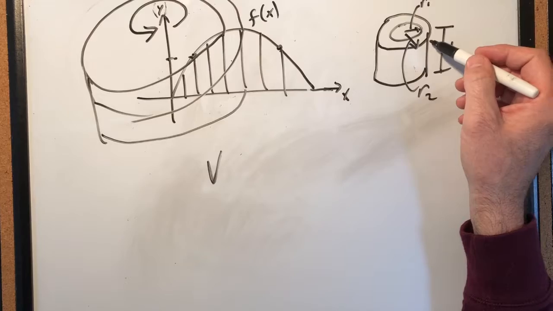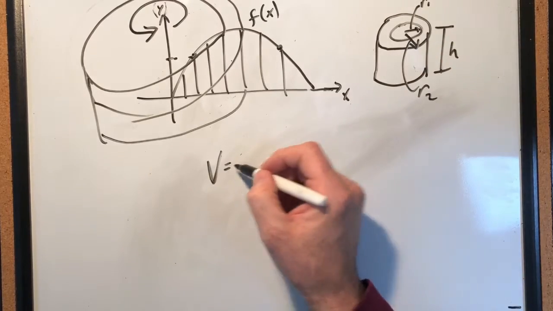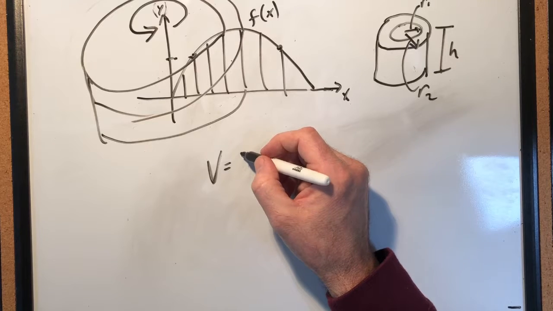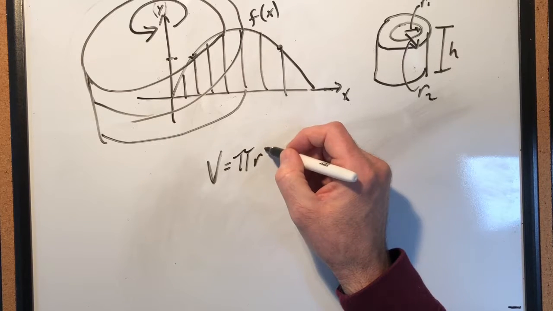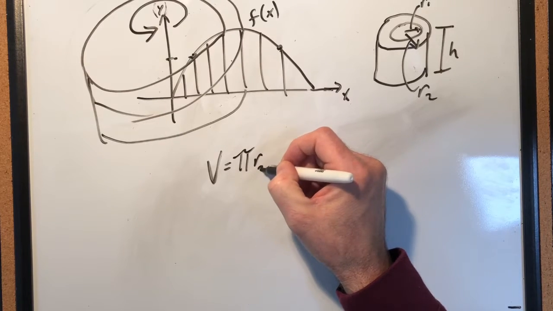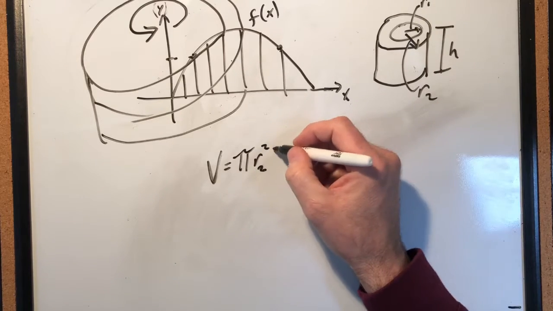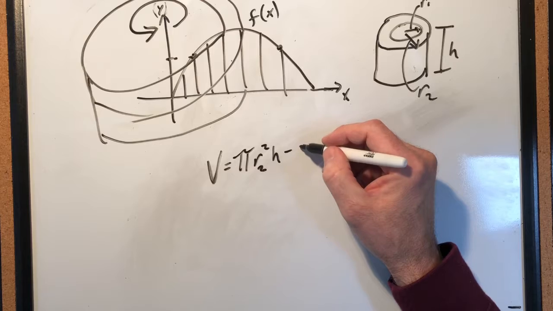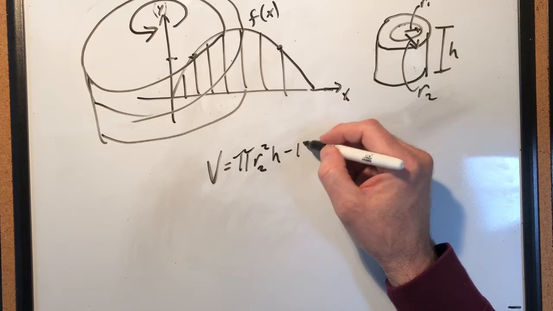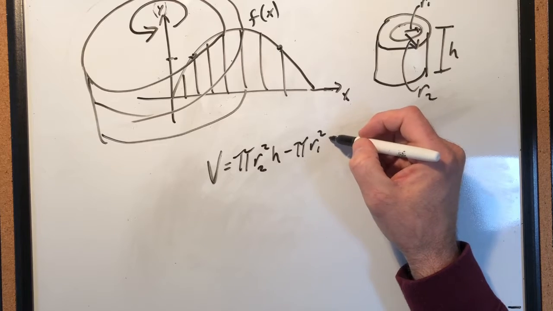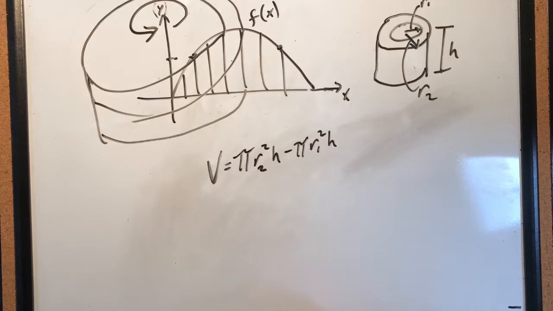So the volume of the outer one is going to be pi R2 squared times the height, minus the inner one, pi R1 squared times the height.